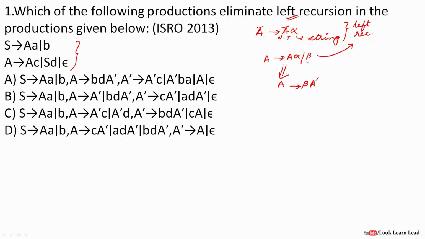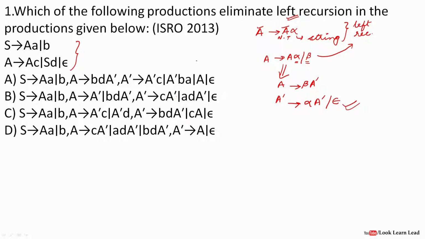That is the set of strings which is independent of this A would be written over here, and A dash implies alpha A dash or epsilon. So this would be our grammar.